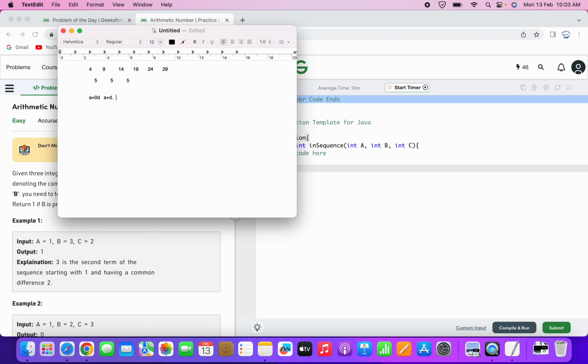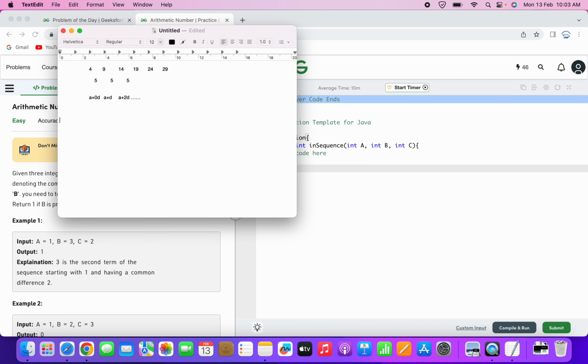The next number will be a plus 2d, and so on. Again, if we subtract any number from the next number, or any expression from the next expression, we will get the difference as d. So our problem statement is based on this only.